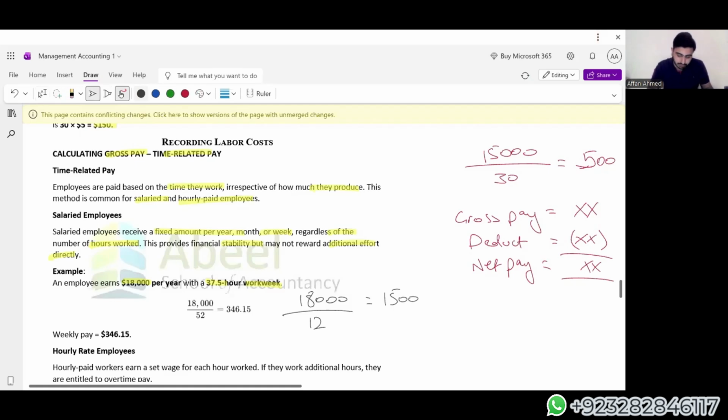Now he is working 37.5 hours per week. So if I am having 4 weeks per month, I can basically just divide it. 1,500 divided by 4, so 375 approximately.